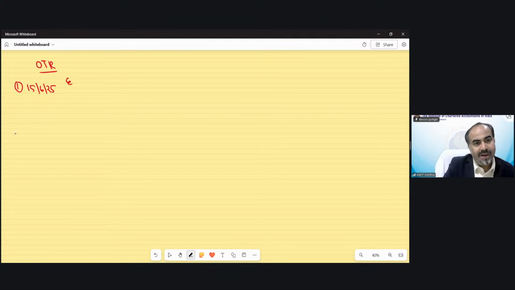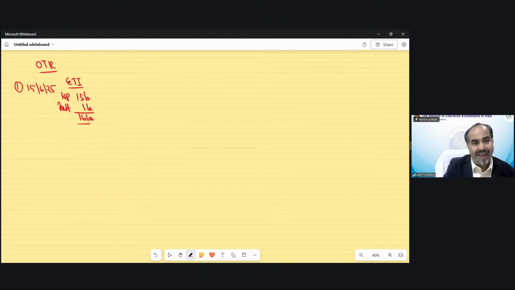The estimated total income would be given in the question. The net profit of business has been given 15 lakh and the interest income for the full year we are estimating. Okay, for the full year, the interest income would be 1 lakh. So my total income is 16 lakh rupees.